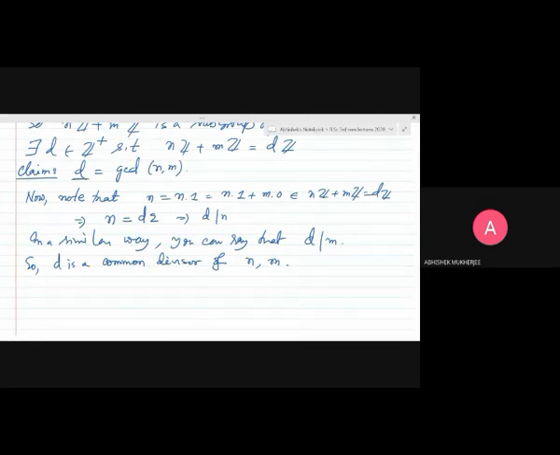That means if you take any other common divisor of n and m, then suppose c is any other common divisor of n and m, then you have to show that c divides d, right?